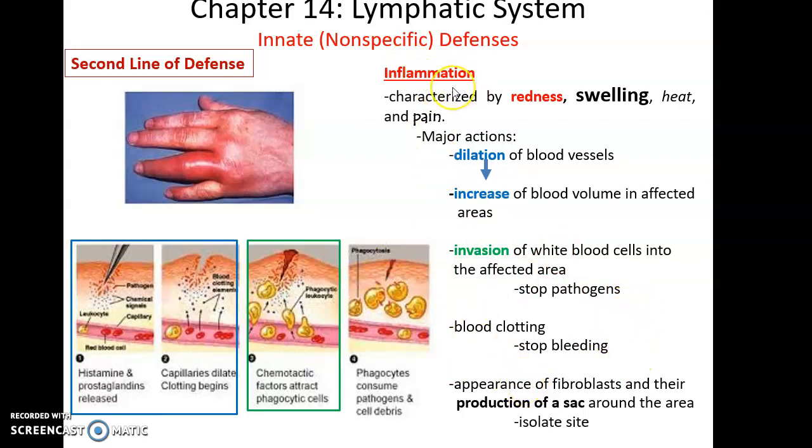So again, inflammation is just our body's way to bring more leukocytes to a site of injury, to a site of infection. And as a consequence, inflammation leads to swelling, redness, heat, and pain. And inflammation is useful for a short period of time, but chronic inflammation can cause major problems.